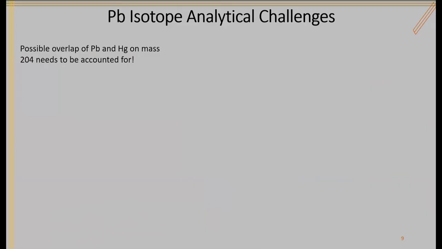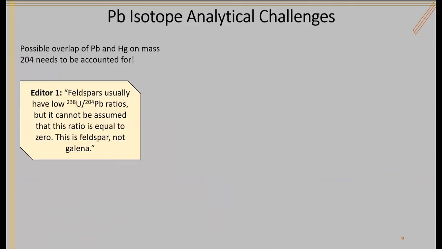The issue is that with laser ablation analysis, the mercury can sit either in the carrier gas, but it can also sit in the sample itself. One way of dealing with that is measuring another mercury isotope, for example 202, and then using the natural isotopic abundances of mercury isotopes to calculate 204 mercury that can then be subtracted from mass 204.